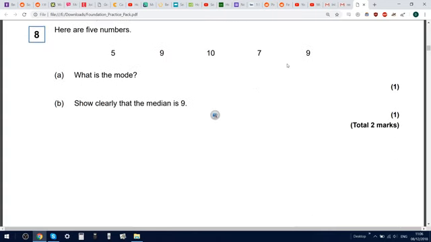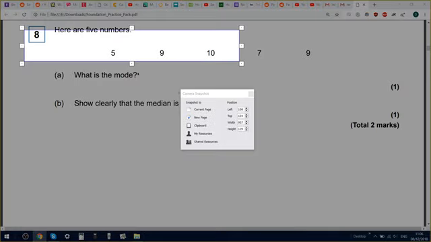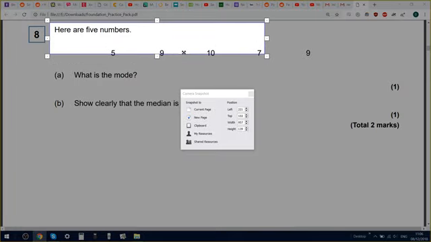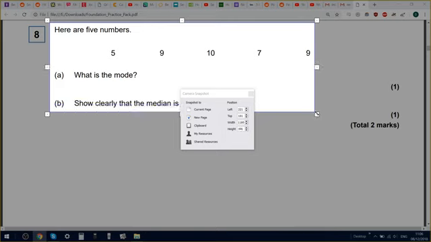Okay, this one. The mode. Isn't the mode the most common? Mm-hmm. So it's 9. Show clearly that is that. Do you just put them in order from smallest to biggest? Yeah. So that'd be 5, 7, 9, 9, 10.